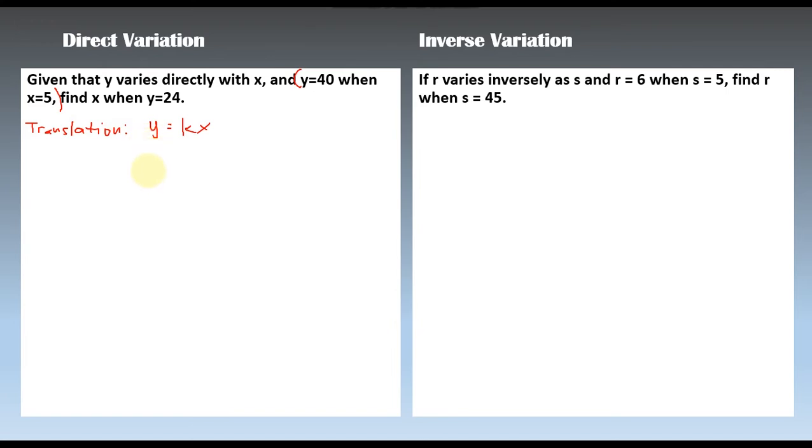So we have 40 equals k times 5. Then solving for k, we divide both sides by 5. So the value of k is 8. This is your constant of variation.